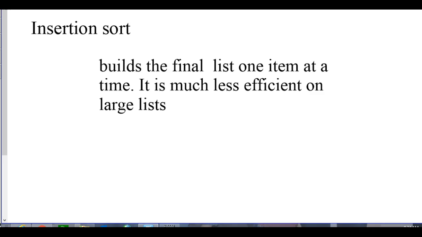You can trace their code and go through a trace. They might say, what is the status of the list after 5 passes? Something like that. Or, if you recognize the code as a particular sort, you can just apply the algorithm.